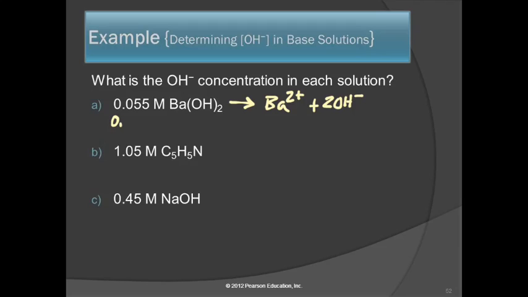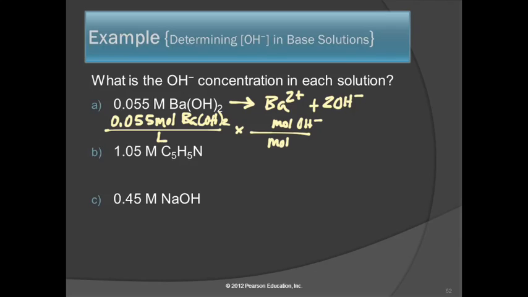So one way you can think about this is 0.055 moles of barium hydroxide per liter. And we want to know how many moles of hydroxide. So we can convert barium hydroxide to hydroxide. You could write the equation like this, or you could look at the chemical formula.